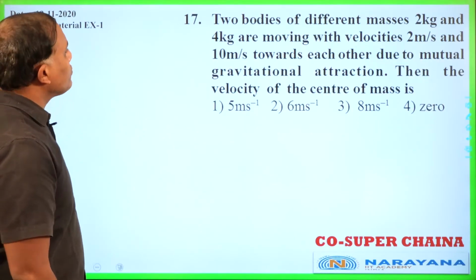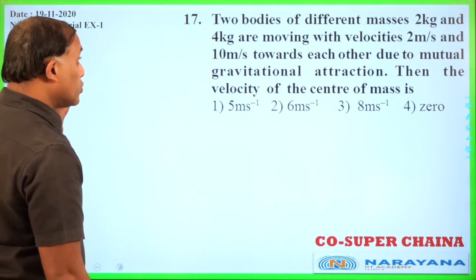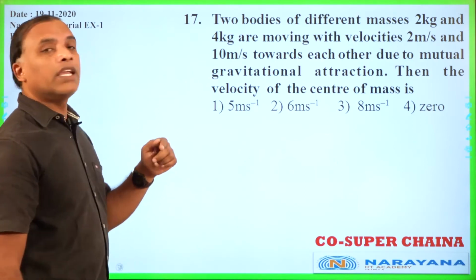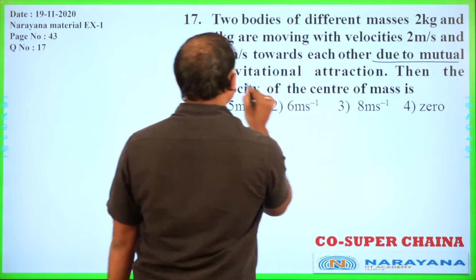Next question. Two bodies of different masses 2 kg and 4 kg are moving with velocities 2 meters per second and 10 meters per second towards each other due to mutual gravitational attraction. Here again, the same model.